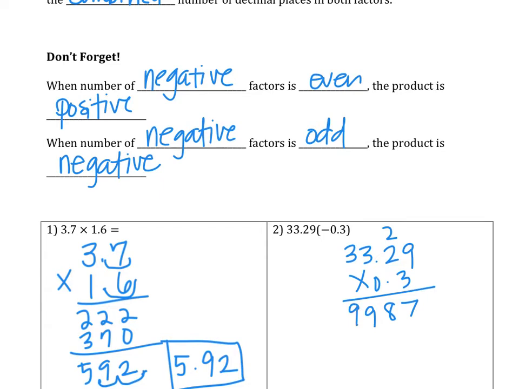And we're going to count our decimal places. We have 1, 2, 3. So start from the back. 1, 2, 3. Right there. So, we had said that our sign is negative. So we need to put that on our sign.